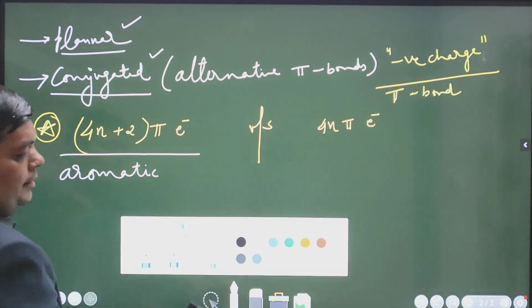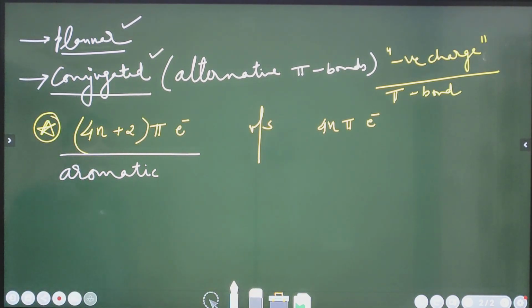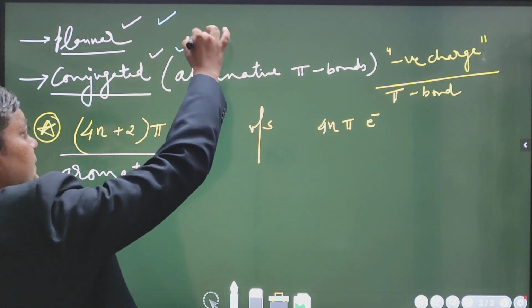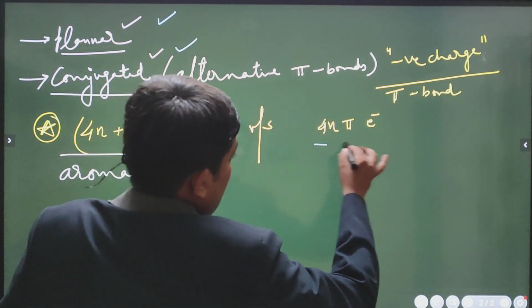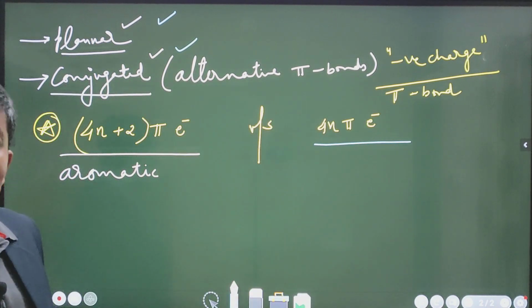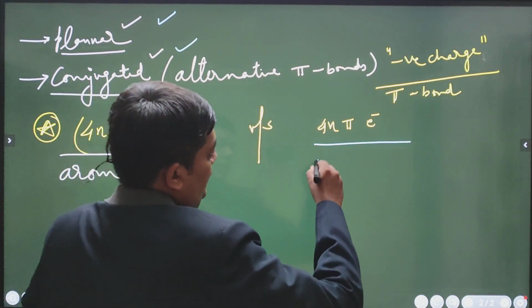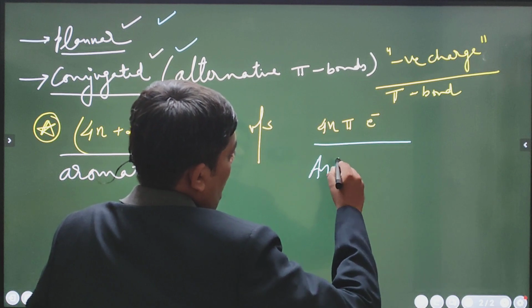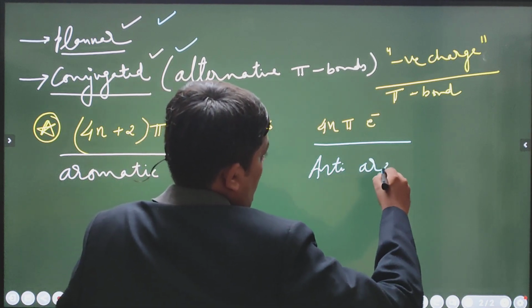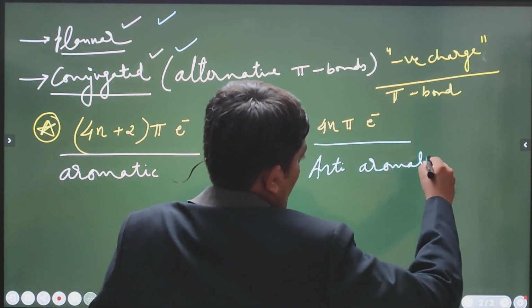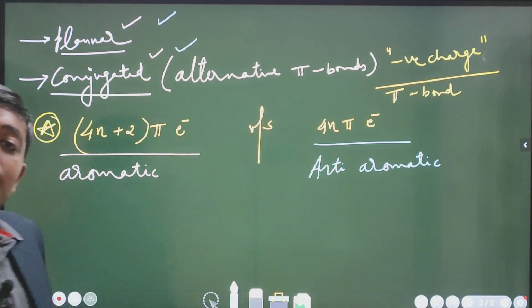But if your structure is planar, it has a conjugation and it obeys the 4n pi electron rule, it will fall in the condition anti-aromatic.